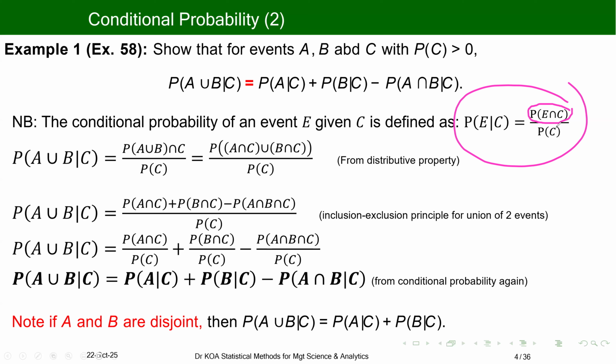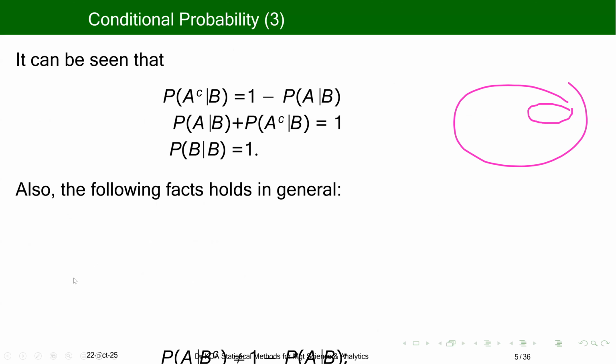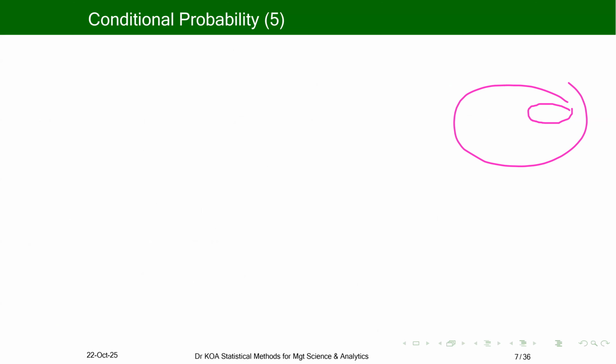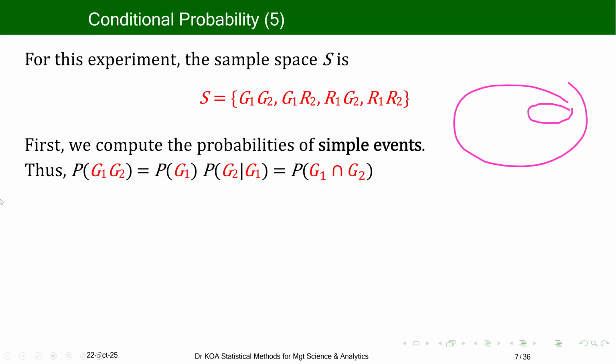Now this one here is the probability of E intersection C. Now I will come back here. That is the G1, G2 here. So the probability of G1, G2 is the same thing. This very one, the intersection here, is the conditional probability of G2 given G1 multiplied by the probability of G1.